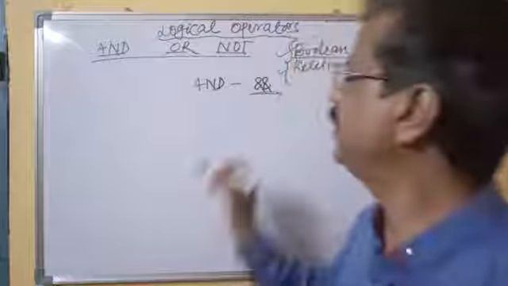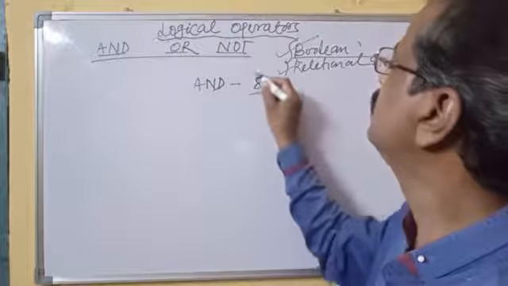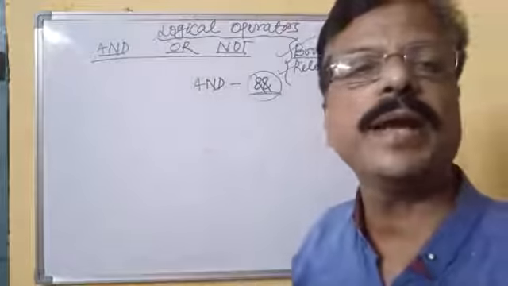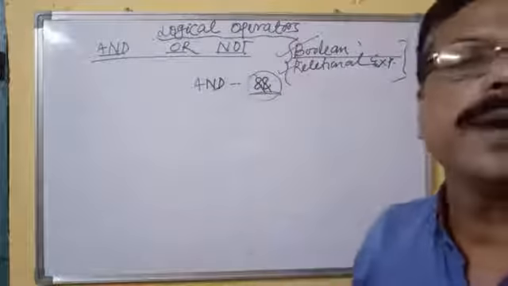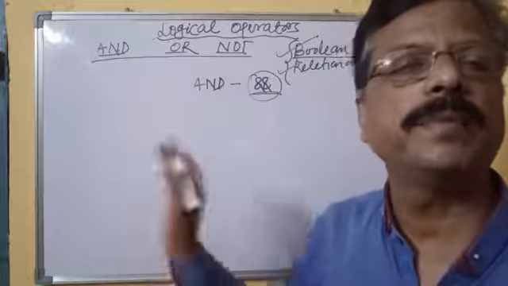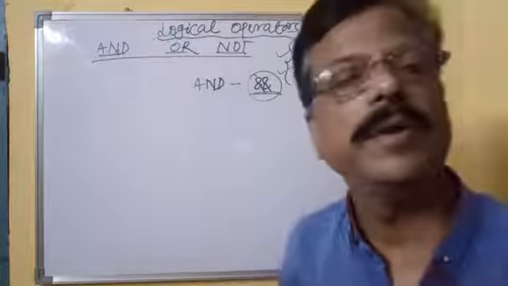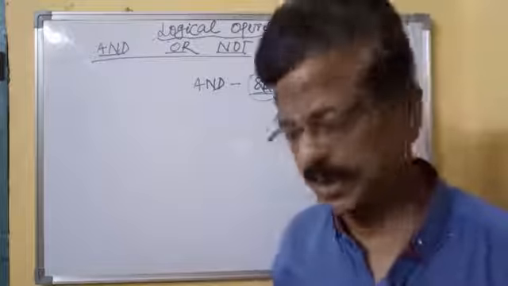Whenever you use these two ampersand signs, you write them in infix notation, and it is a binary operator, remember. So in the middle you write the operator, and on both sides of the operator you write your boolean value or your relational expression.